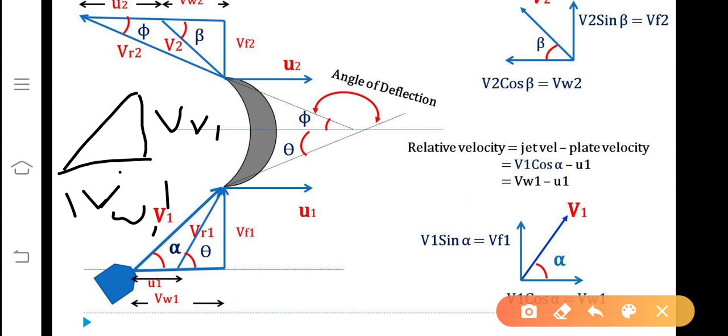Okay, in between there is u, that we will see later. So with respect to the absolute velocity V1 with which the jet is striking the curved plate which is moving and unsymmetrical, this is alpha, this is V1. Therefore Vr1 you can calculate as V1 cos alpha, VW2 is equal to V2 cos beta.